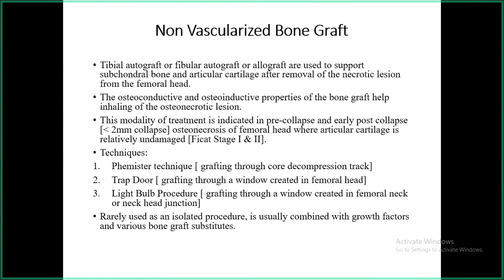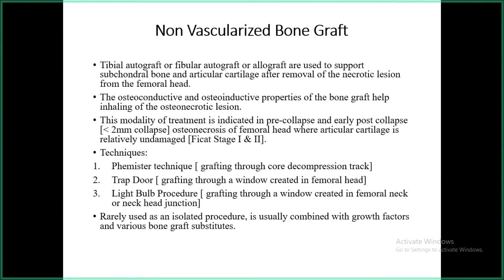The non-vascular bone graft, tibial autograft or fibular autograft or allograft, is used to support the subchondral bone and articular cartilage after removal of the necrotic lesion from the femoral head. The osteoconductive and osteoinductive properties of the bone graft help in healing of the osteonecrotic lesion.